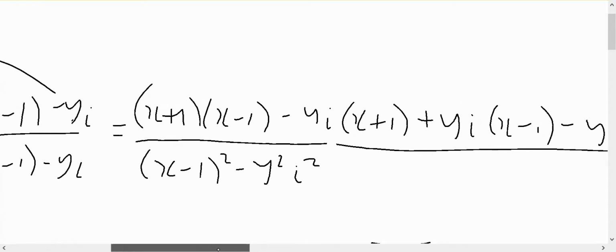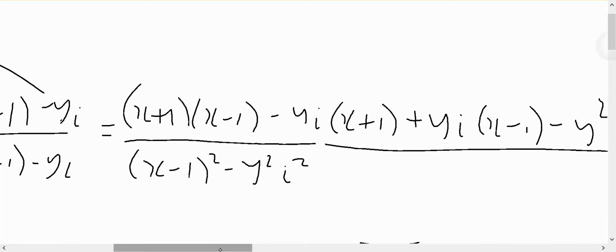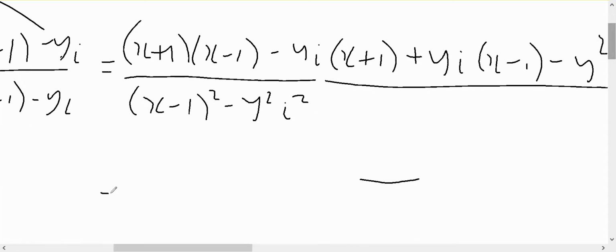So now you can see what I'm doing is I'm just playing around and expanding and getting like terms together. So these two multiplied by each other is the difference of two squares. So that will give you x squared minus 1.